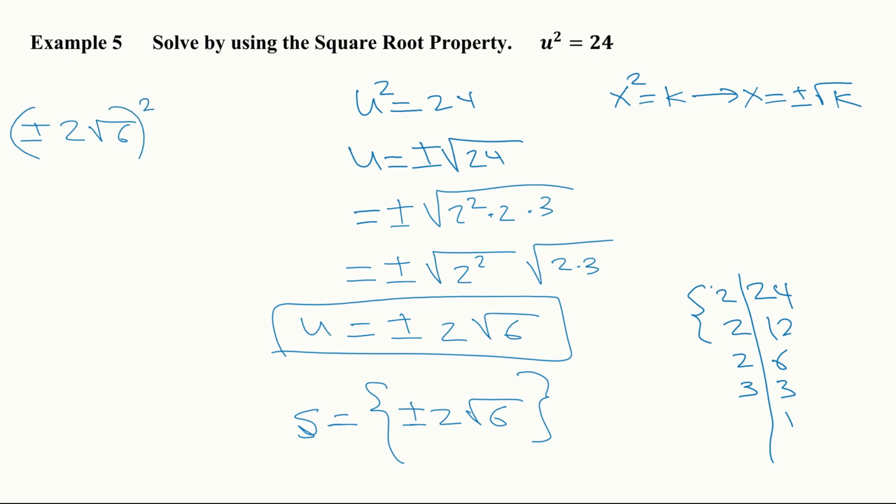Since we're squaring, the signs are both going to end up being positive. Now, 2 squared is 4, and what is square root of 6 squared? That's just 6. What's 4 times 6? 24. So when I square either positive or negative 2 radical 6, I end up with 24, so therefore those are indeed solutions of this equation.